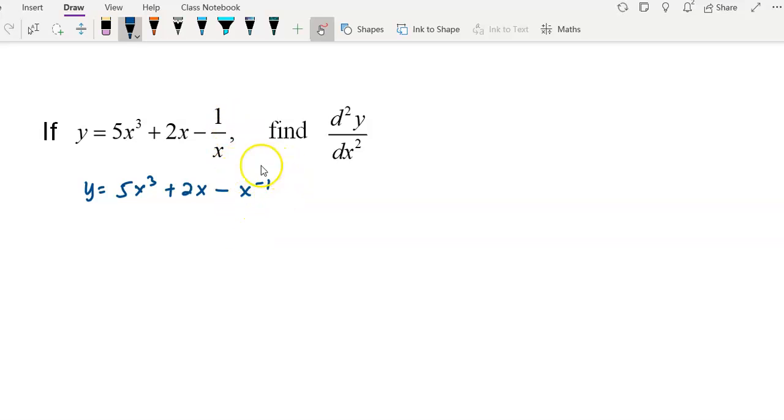In this form, it's easier for me to differentiate it. When you want to find the second derivative, you have to go through the first derivative, that is your dy dx.